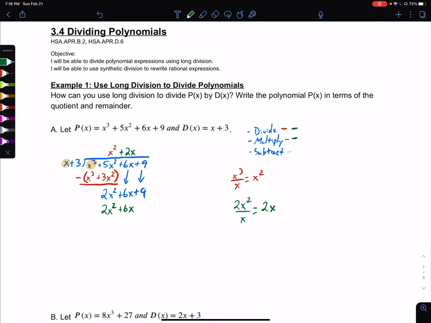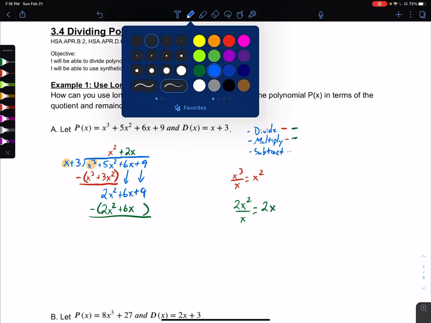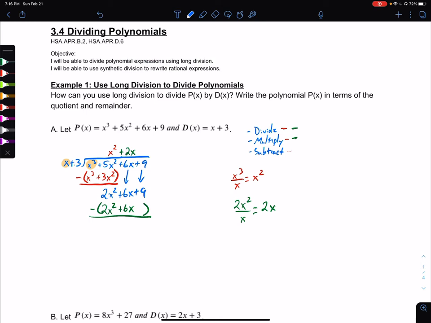Then we finish our multiplication and we're going to subtract these terms. We'll go back to blue here. 2x squared minus 2x squared is 0. Again, I'm not going to write that 0 down, but make sure that they match up. 6x minus 6x does turn out to be a 0, so that's a good sign.